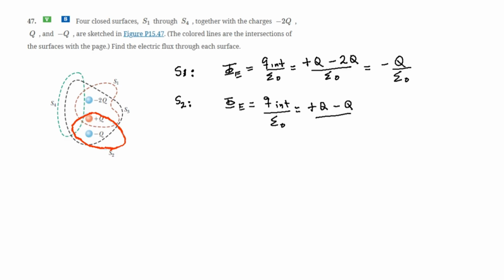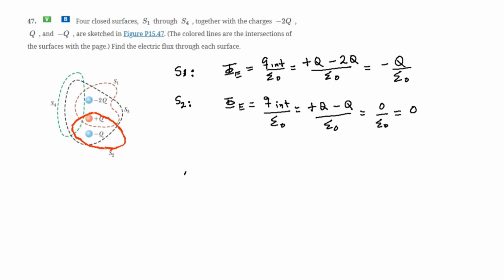Plus Q minus Q is 0 over epsilon sub 0. So the net electric flux through the surface S sub 2 is equal to 0.